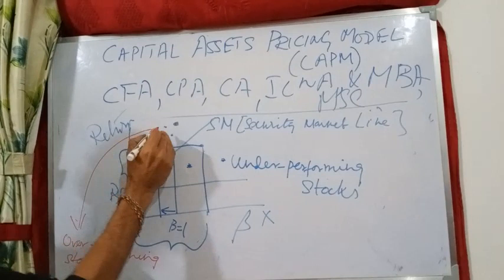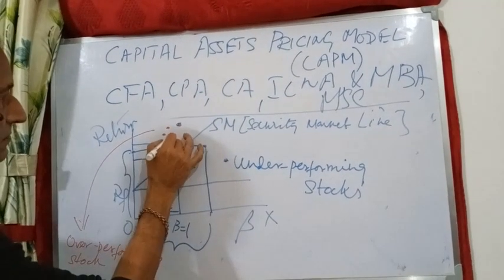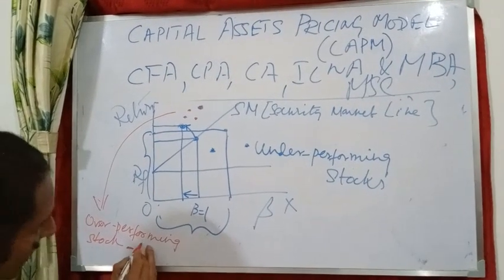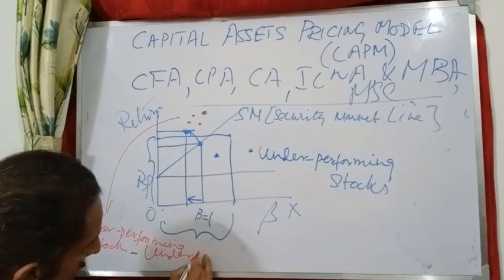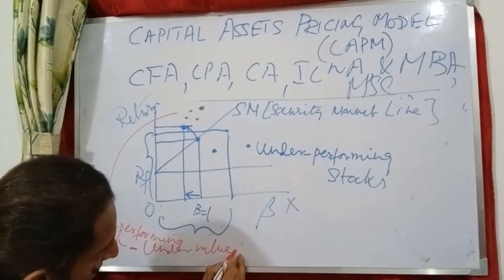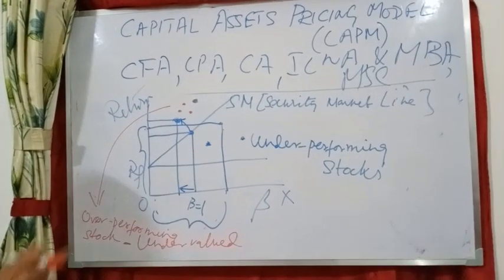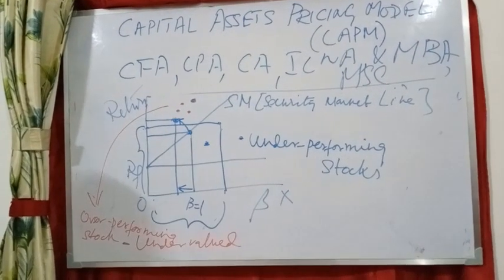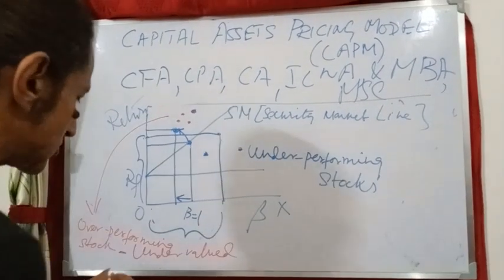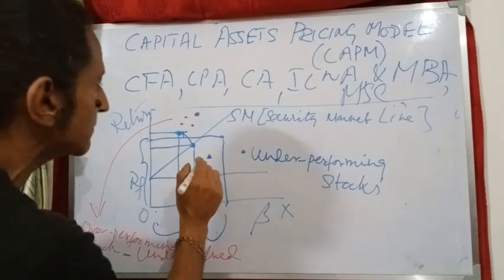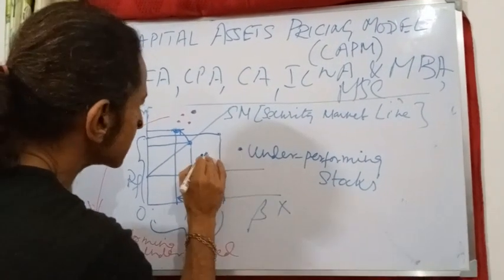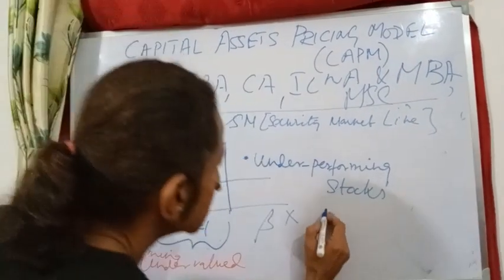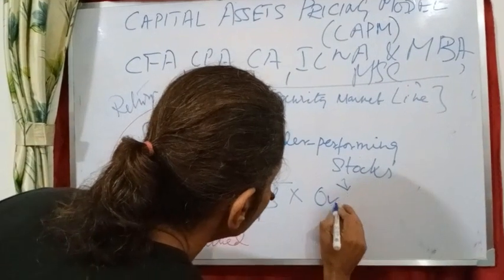The stocks that are overperforming the market are undervalued, because these stocks are performing better than the market, whereas these stocks are performing worse than the market. So these stocks are overvalued.